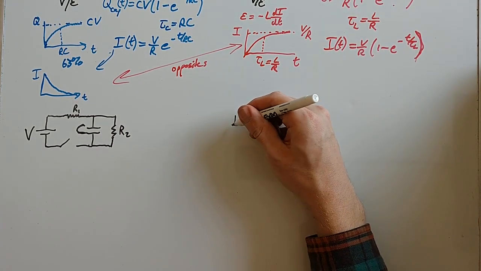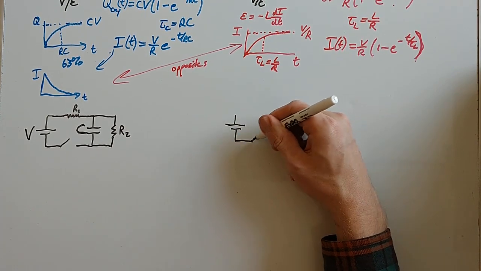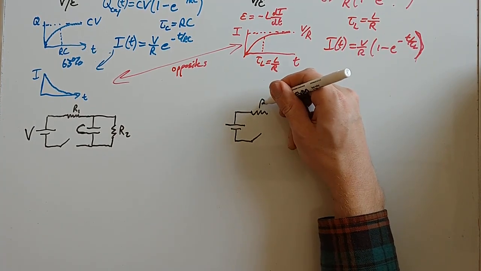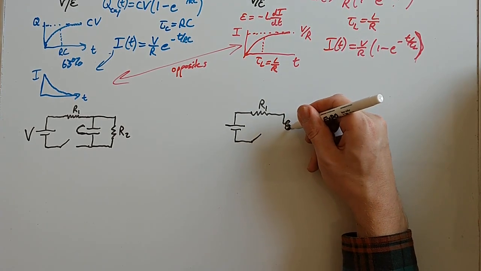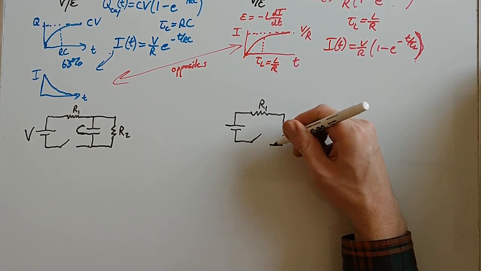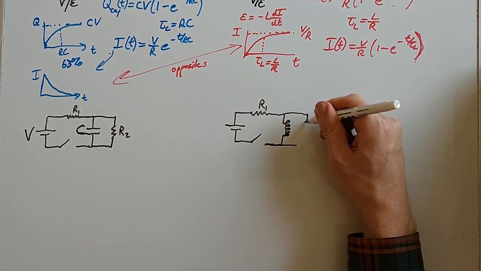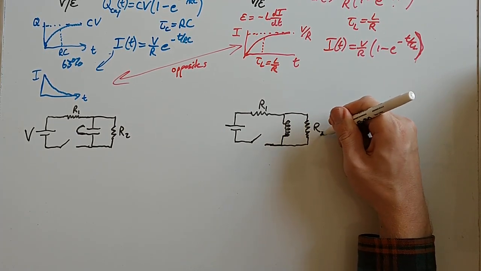We're going to draw basically the same circuit, except you can probably anticipate what change I'm going to make. Here again I'll have resistor R1, but now I'm going to put an inductor here. There we go, nice inductor. There's my switch. And of course, the inductor will be in parallel with a resistor as well.